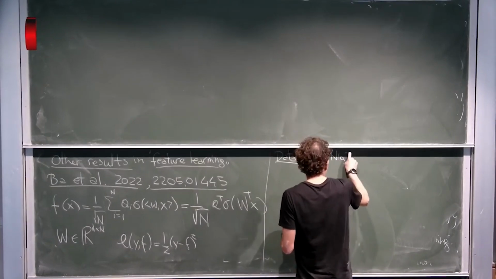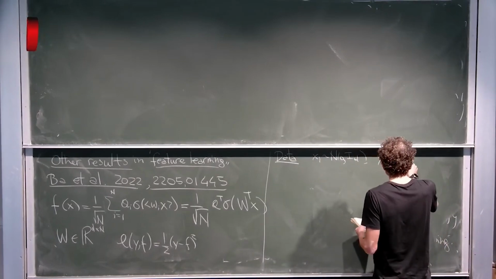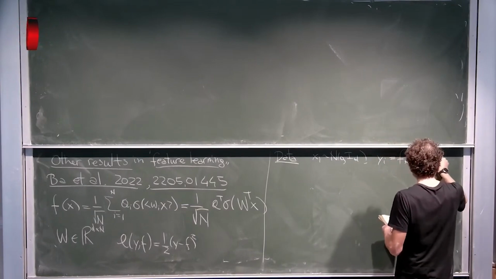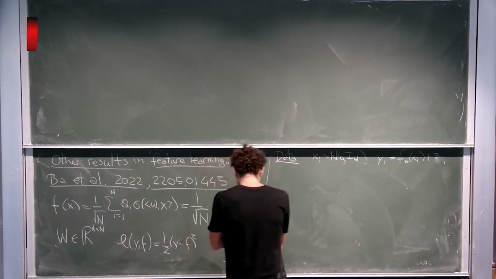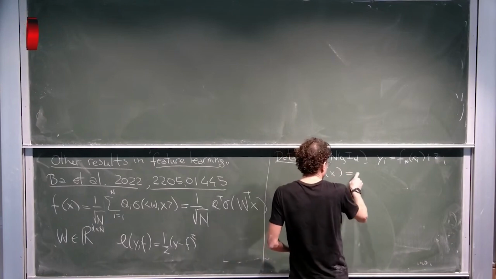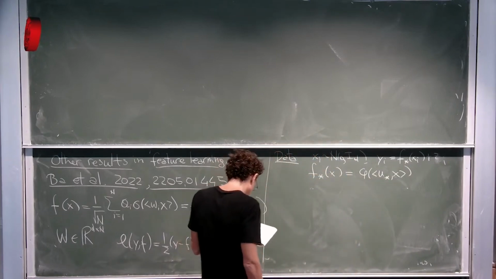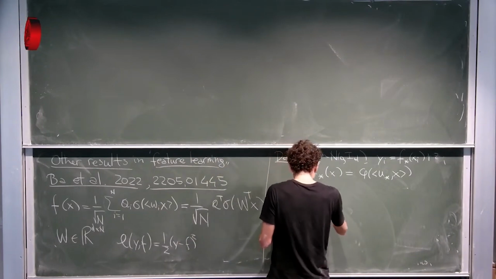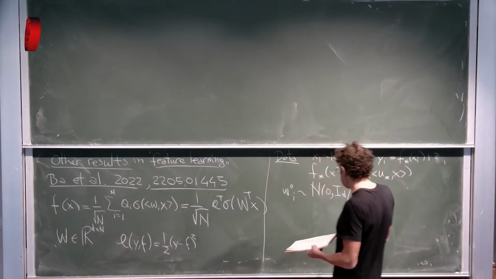The assumption on the data distribution is again very similar. x_i is Gaussian, this is the same. y_i is the target function of x_i plus noise, right? Not much changed, and the initialization is again similar to what we were doing.